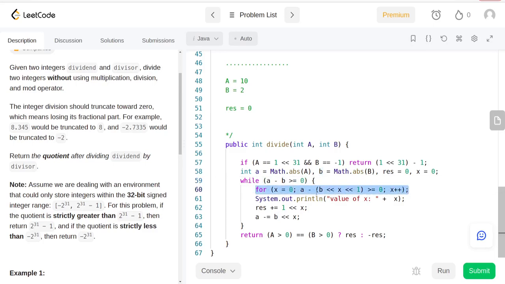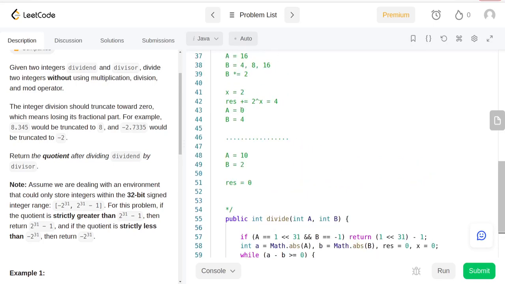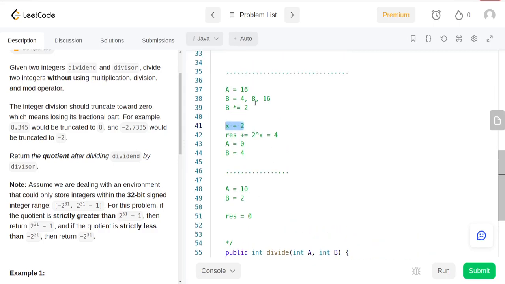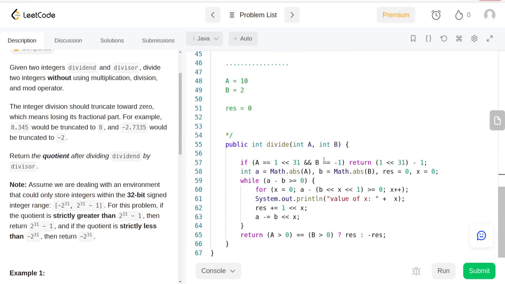What this line is doing is calculating that factor x, the x factor: how many times you actually multiply b with 2 until the answer becomes greater than a.